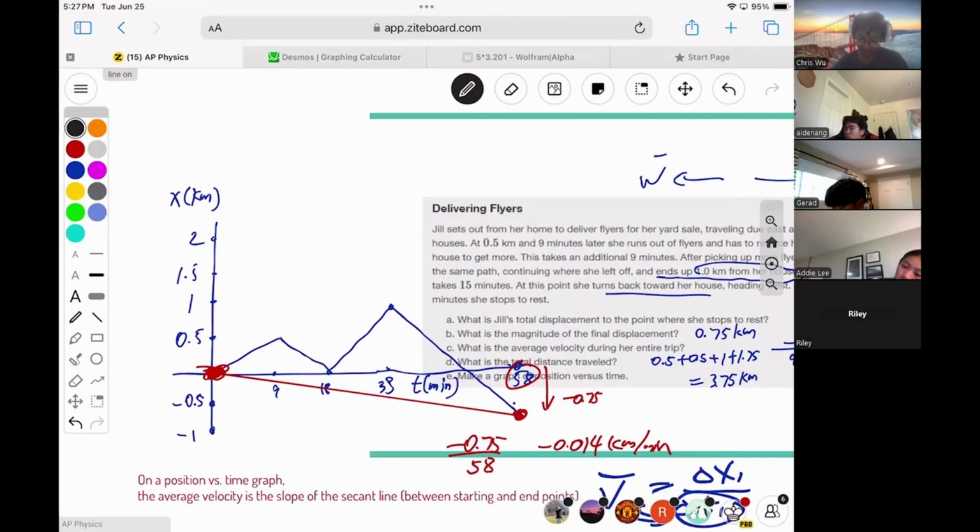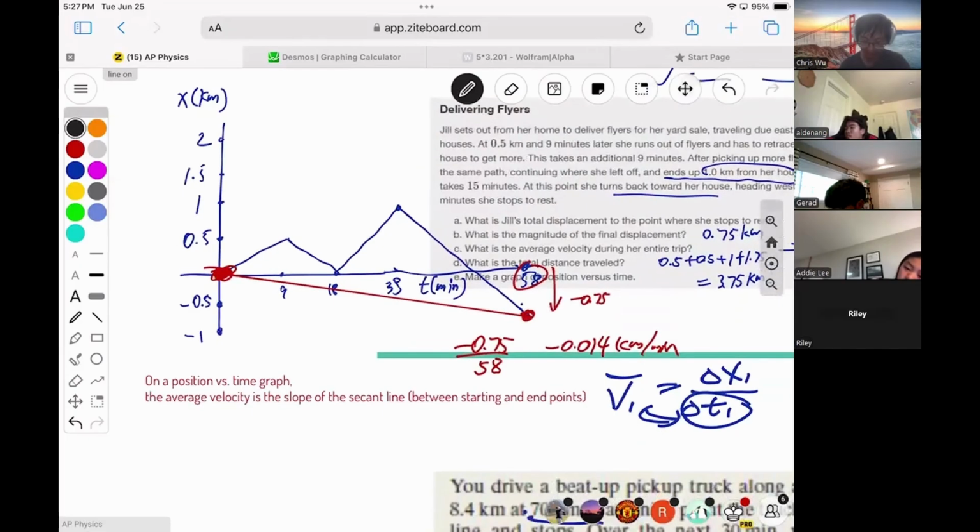Okay. All right, so that's that. So the slope here, you guys know what the slope is, right? And you guys know what the secant line is, I assume. Yeah, we're okay.